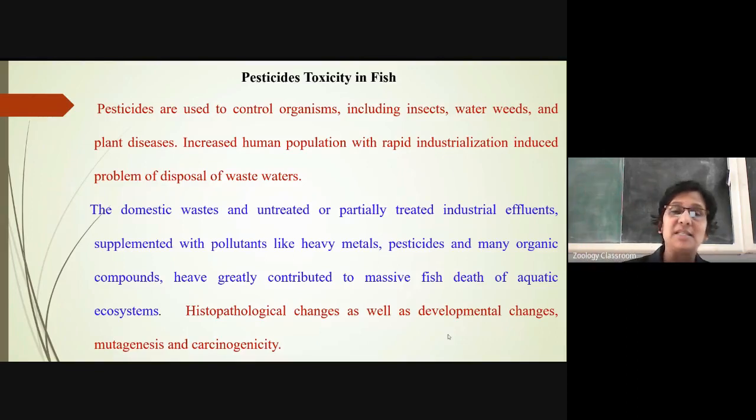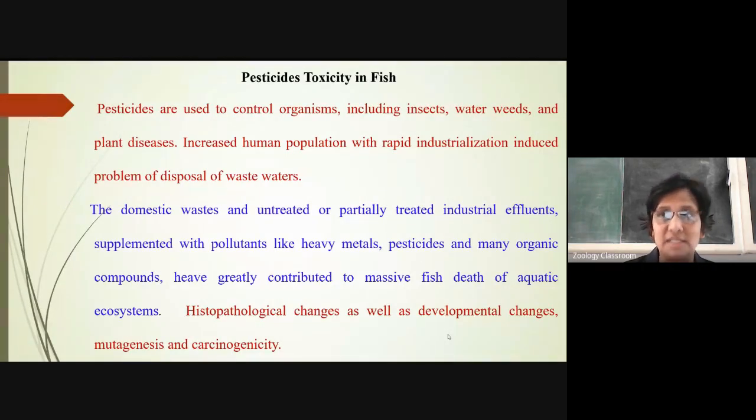So the use of pesticides in agricultural fields to control pests is extremely toxic to non-target organisms. Sometimes non-target organisms, like fish, are affected because of the use of pesticides.